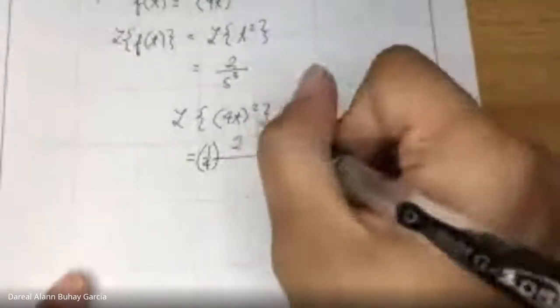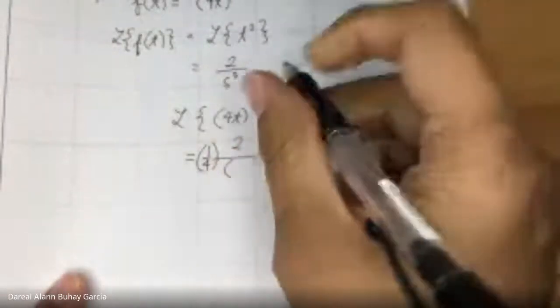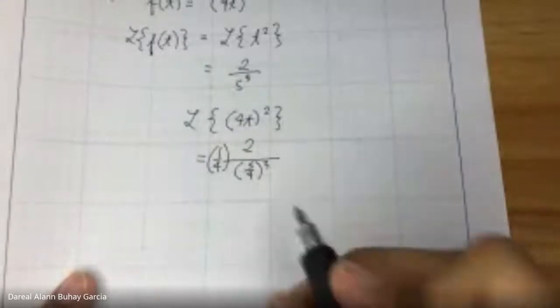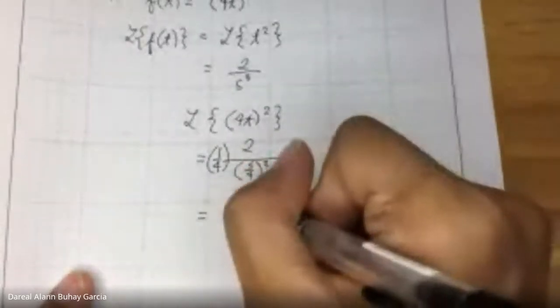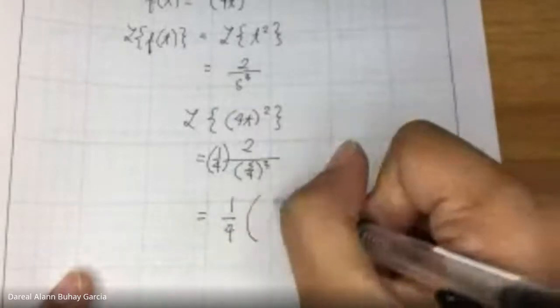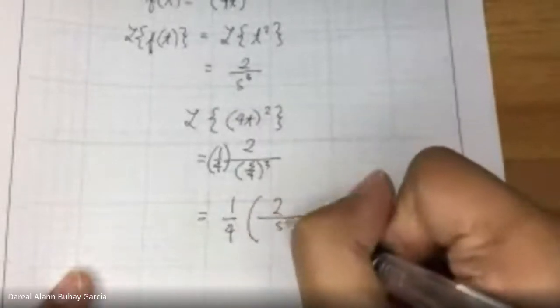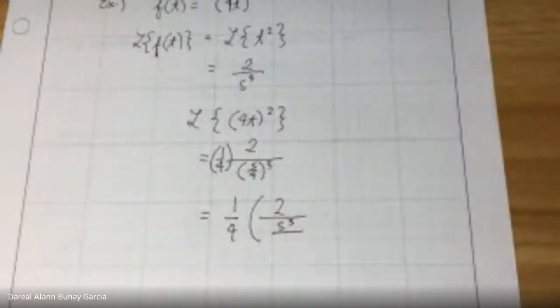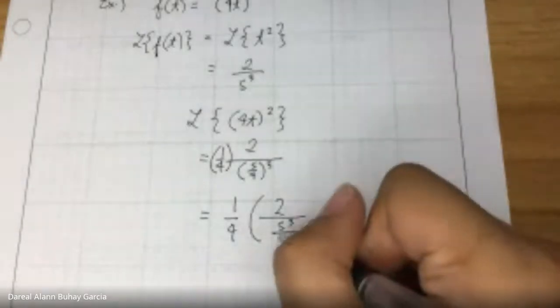1 over 4, instead of s cubed, is s over 4 cubed. So 1 over 4 times 2 over s cubed over, what's 4 cubed? 64.